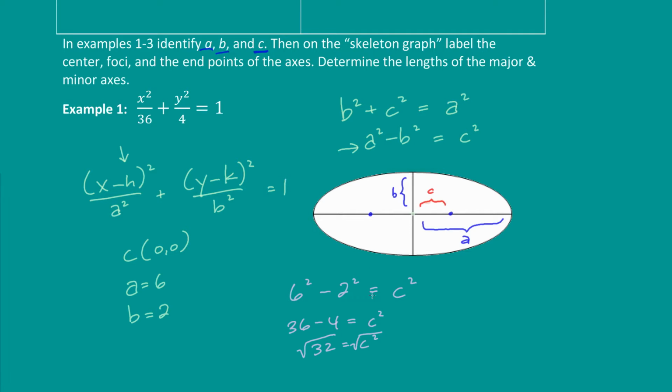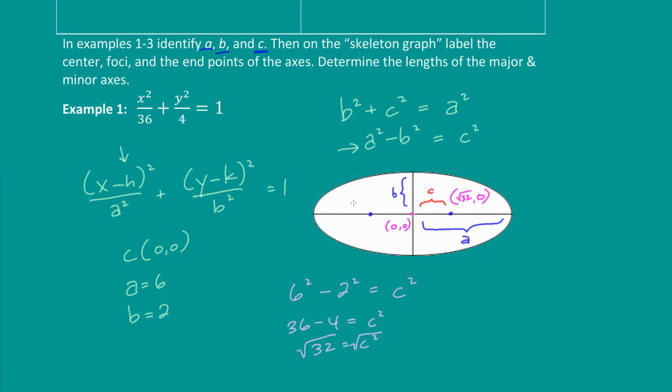So where is our point C? Our point C is going to be from our center, which is at 0, 0. We will go over, because our C value is the square root of 32. He's on a y value of 0 because our y hasn't changed, but our x has gone over a value of the square root of 32.